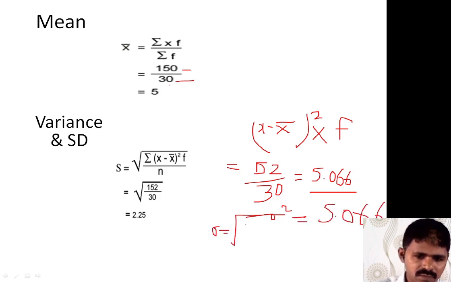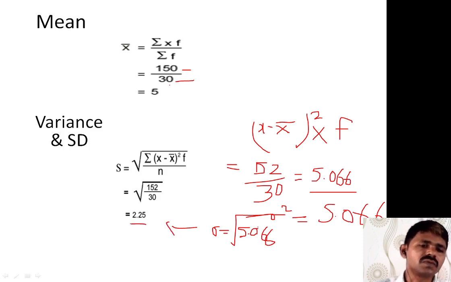Taking the square root, we get the standard deviation value as 2.25.